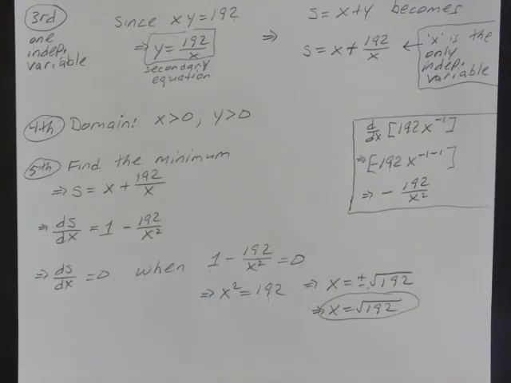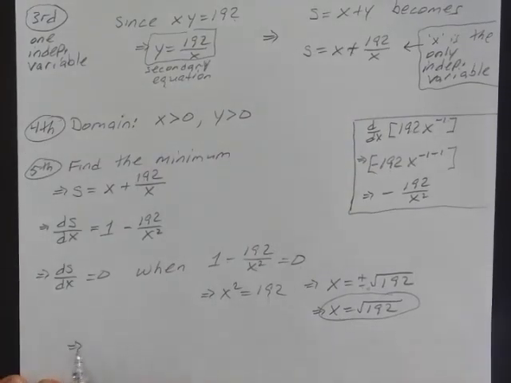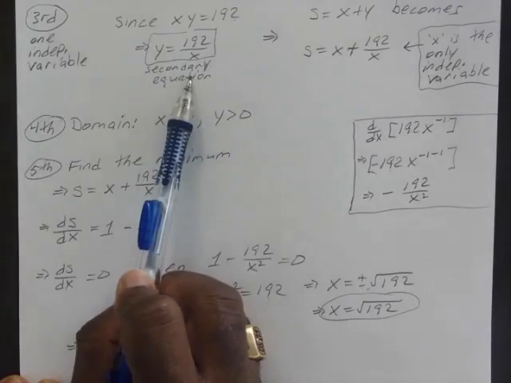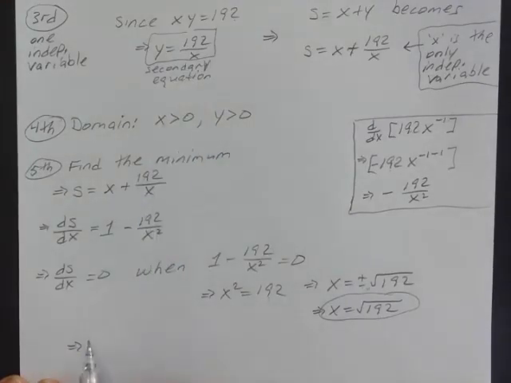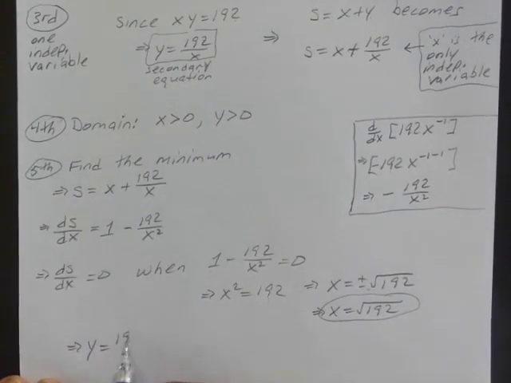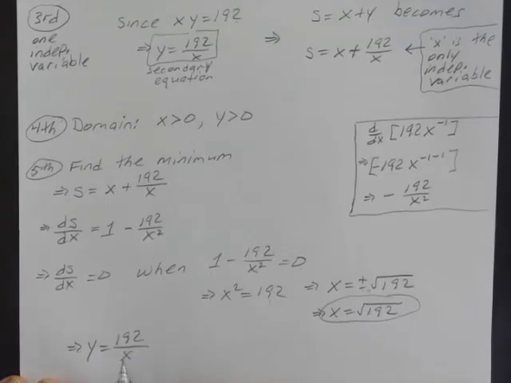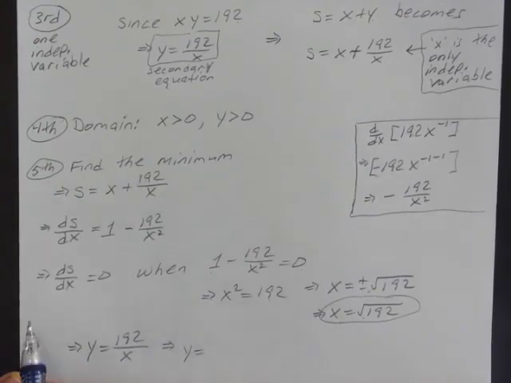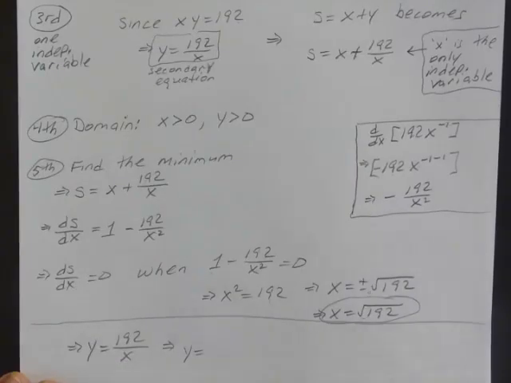But now we have to find the y value. And we can use our secondary equation for that one. y is equal to 192 divided by x. Well, we know that x is equal to the square root of 192. So y is equal to 192 divided by the square root of 192.